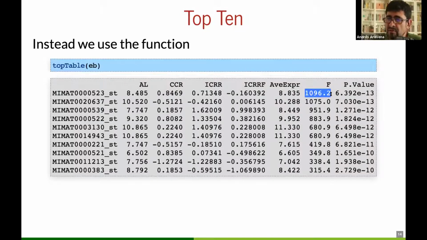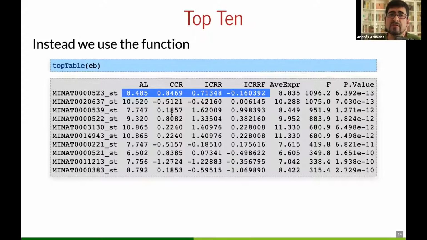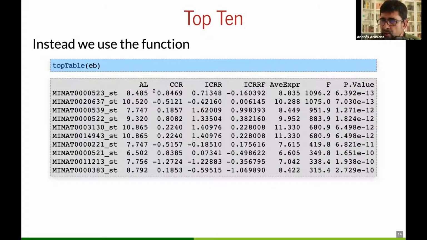And we have an F value for the ANOVA. What is the ANOVA asking? The ANOVA is asking, are all these values different from 0? Sorry, no. Are all these values 0? I'm not sure if they take the first one, but essentially the question is, are all these values identical to 0?